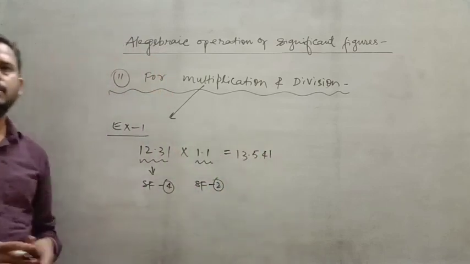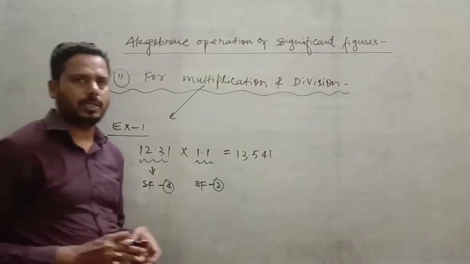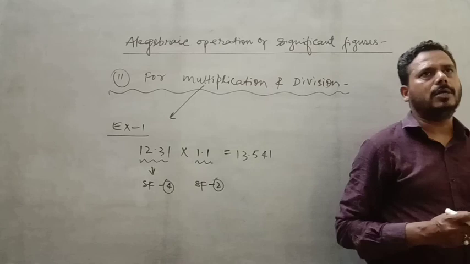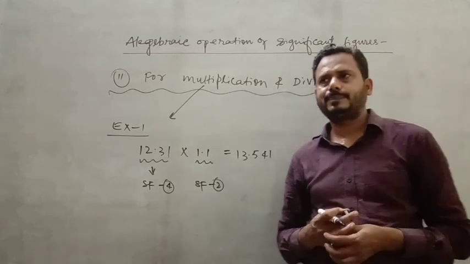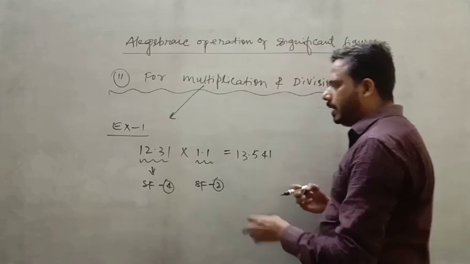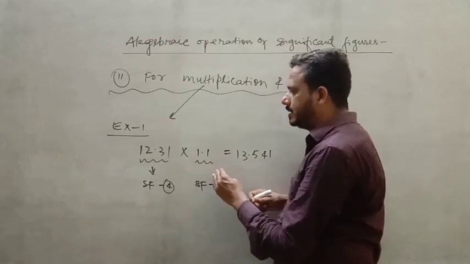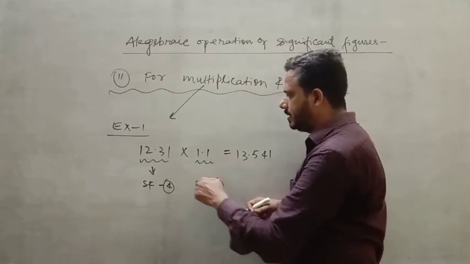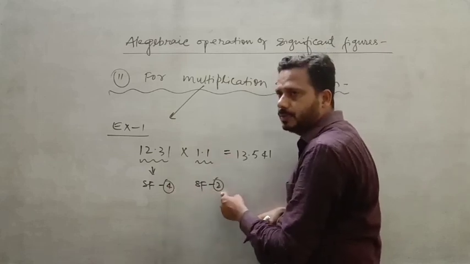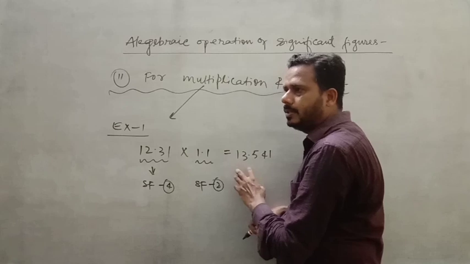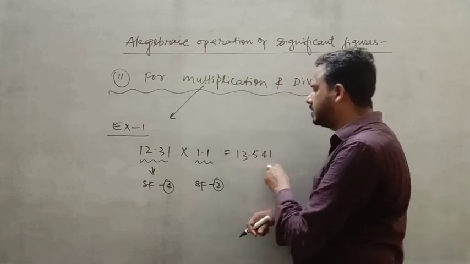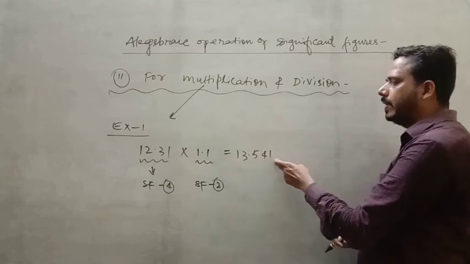After doing multiplication, you got it. Then, how much will be your answer overall? See, your least significant digit is 2, because this one is 4 and 4 is greater than 2. So your answer will be in 2 significant digits. But here, how many digits are there? 1, 2, 3, 4, 5. 5 digits are there.